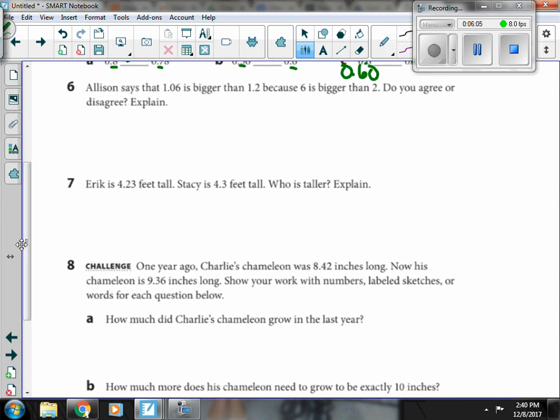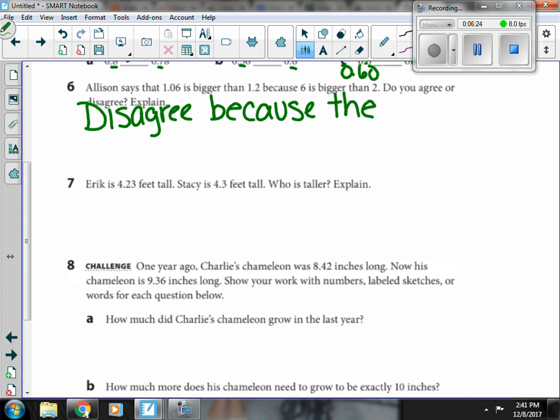Number 6, Allison says that 1 6/100 is bigger than 1 2/10 because 6 is bigger than 2. Do you agree or disagree? Well, we disagree. Because the 2 in the tenths place is bigger than the 0 in the tenths place.